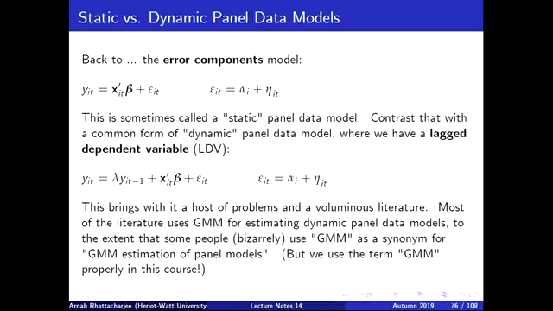Right. So panel data, what do we know so far? The panel data regression model is very simple. Y_it is equal to some beta 0 plus beta 1 X1_it plus ... plus beta k Xk_it plus an error term.